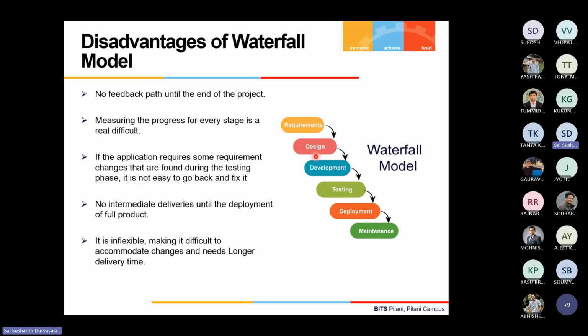But the key reason why this model is not being followed these days, and its key drawback, is its inflexibility to changing requirements. Requirements, as we know, are generally not frozen. They keep changing because that is the real world.